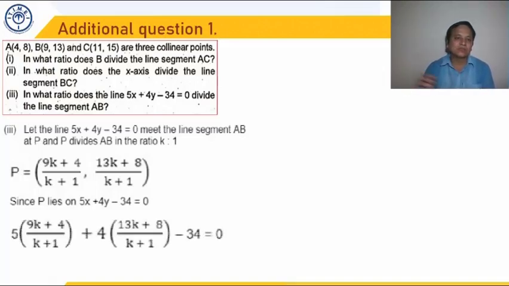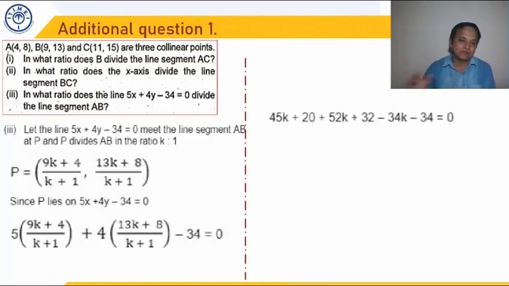We put into this equation 5 into (9k plus 4) upon k plus 1 plus 4 into (13k plus 8) upon k plus 1 minus 34 equal to 0. So on multiplication, 5 into 9 becomes 45k plus 5 into 4 is 20 plus 13 into 4 is 52k plus 4 into 8 is 32. k plus 1 multiplied by the constant minus 34, so it becomes minus 34k minus 34 equal to 0.